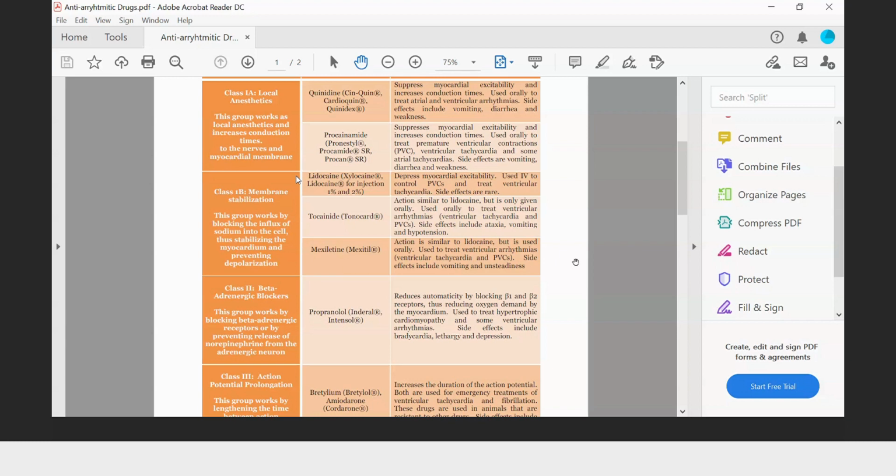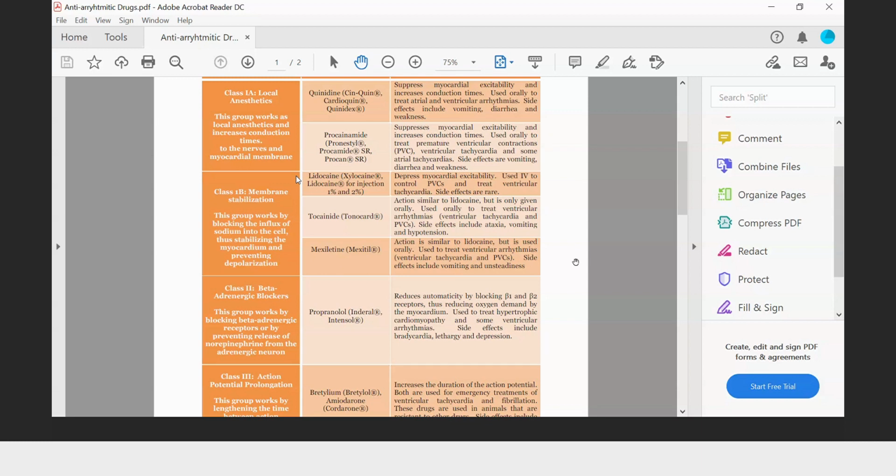For example, class 1A, the drugs that belong under local anesthetic, can also be used as anti-arrhythmic drugs. They work as a local anesthetic and also increase conduction times to the nerves and myocardial membrane. We have 2 drugs, quinidine and also procainamide. They are all considered local anesthetics and are also used as anti-arrhythmic drugs.